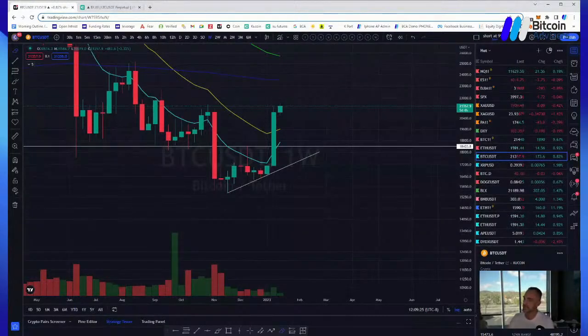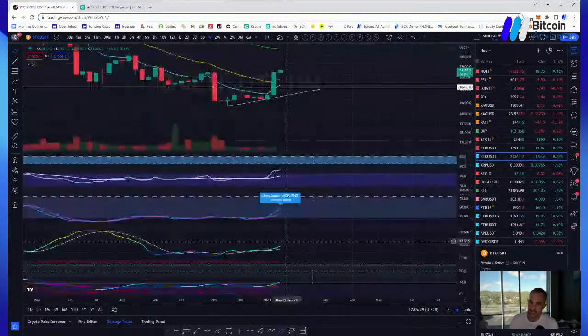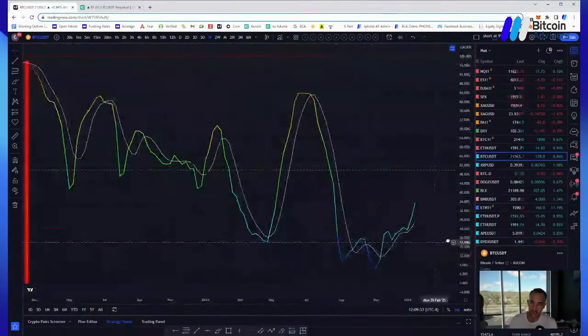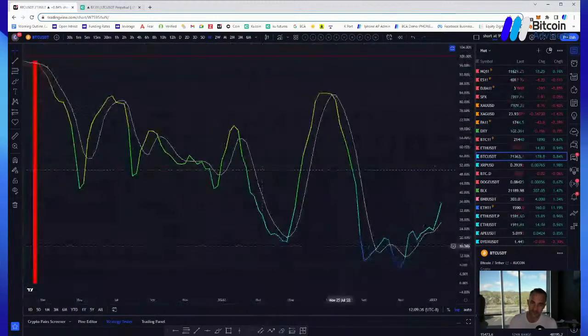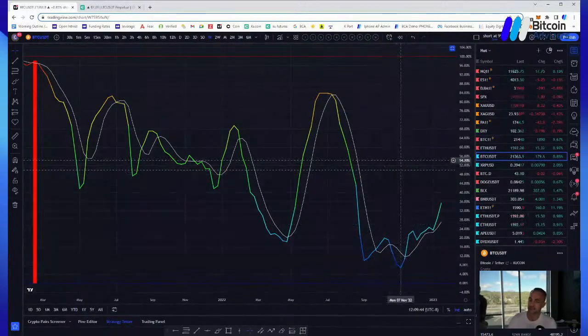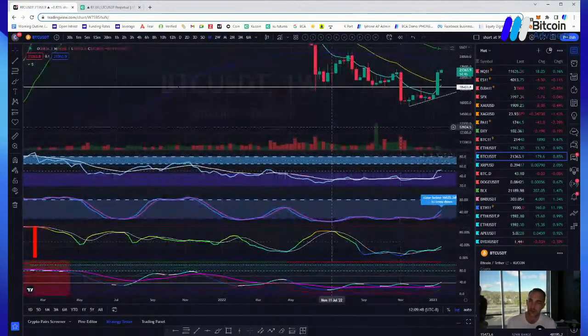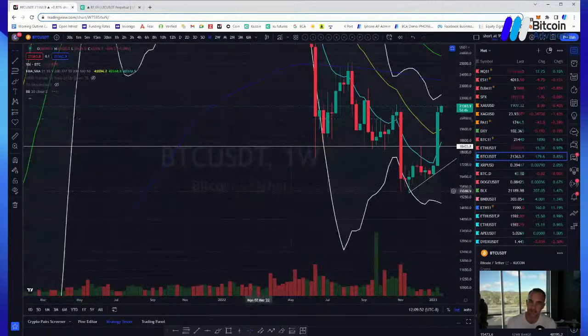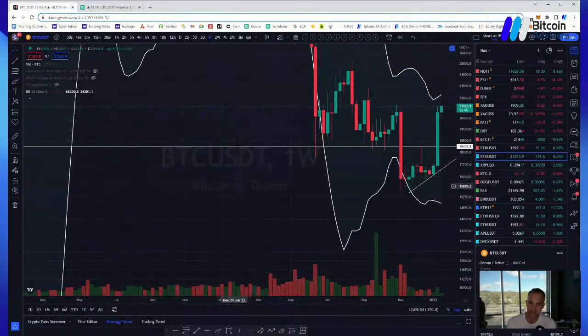The second thing we want to see is our volatility indicator come from an extremely low read. And what I would define as an extreme low is below the 10 percentile. That's the BBWT, the Bollinger Band width percentile.